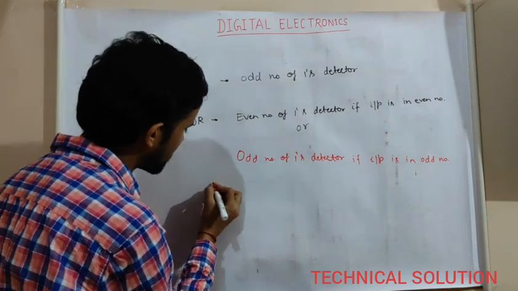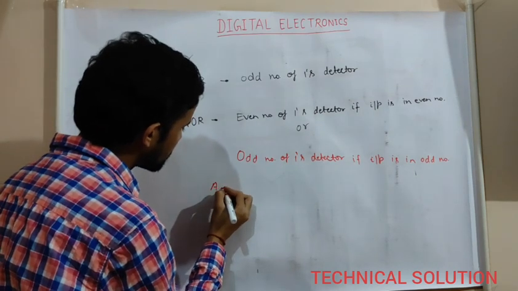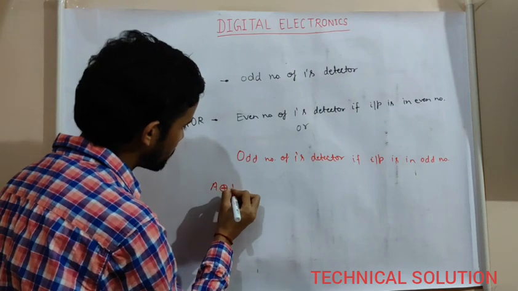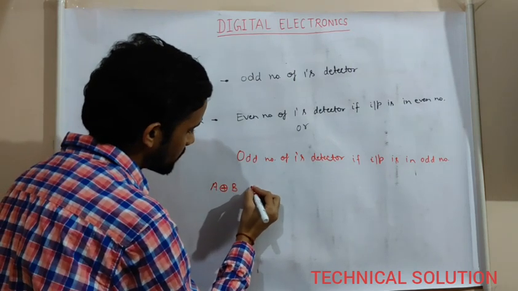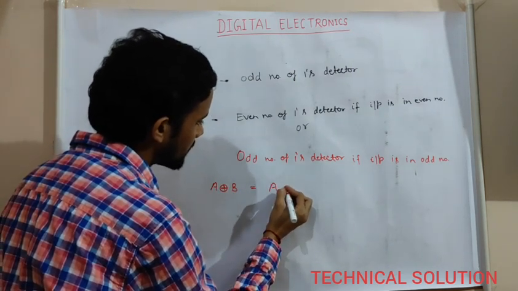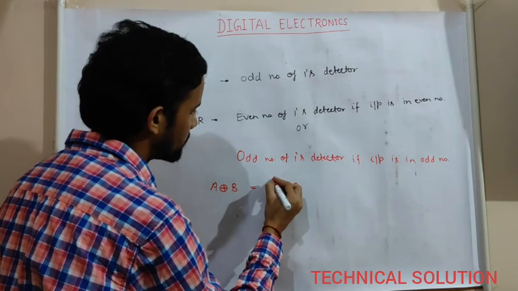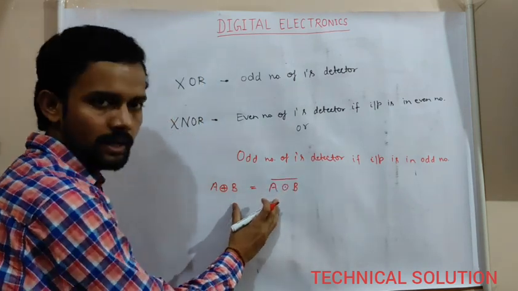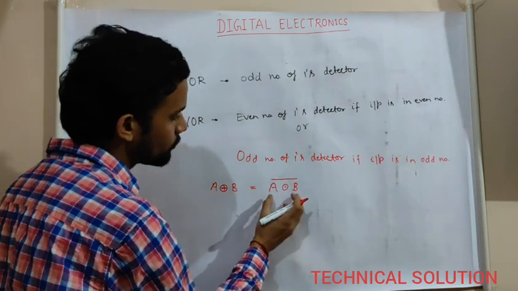That means it can be understood by this: A XOR B is equal to the complement of A XNOR B, for even number of inputs, because 2 inputs are here and 2 inputs are here.